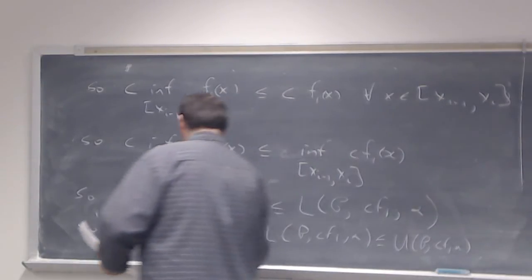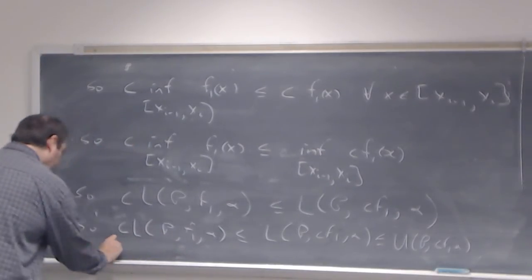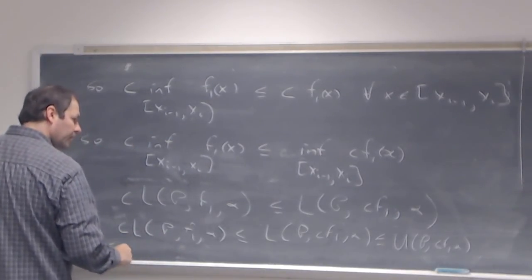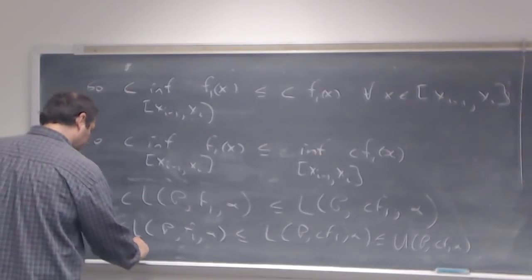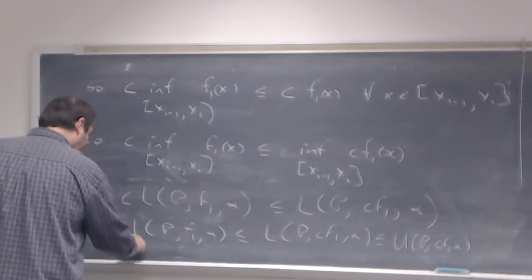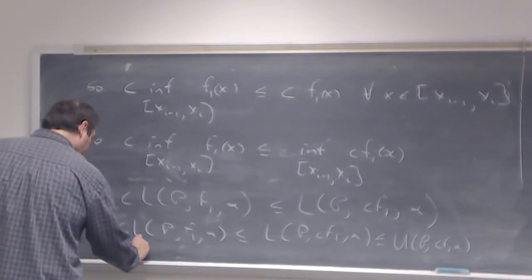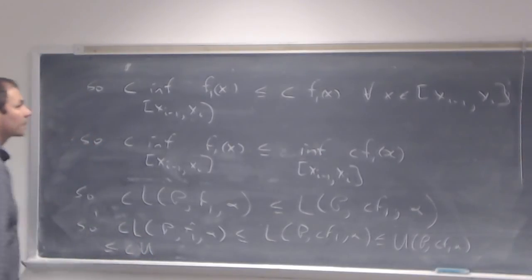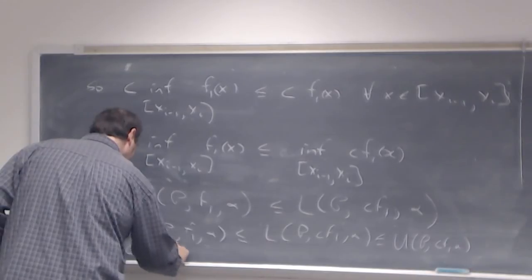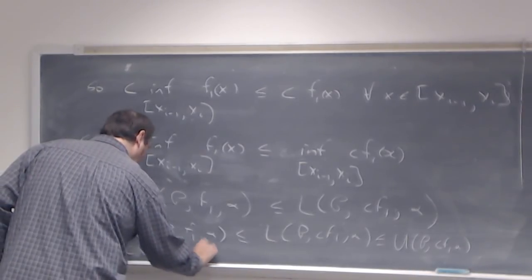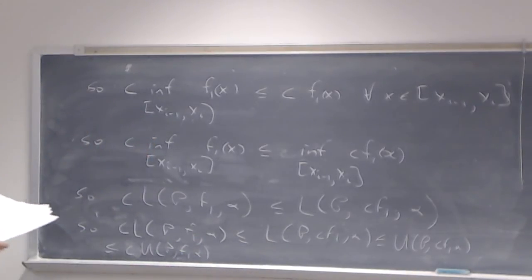I'm going to continue down here, which is less than or equal to C times the upper sum with P, f_1 and alpha. Okay, that's what we have.